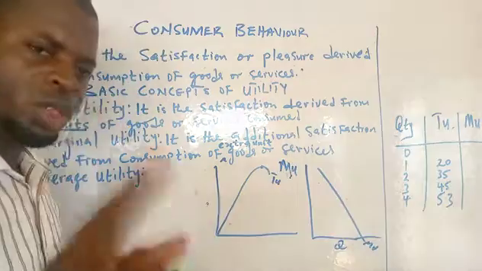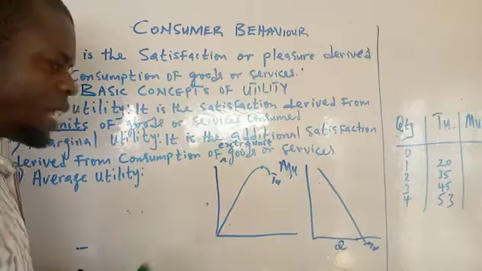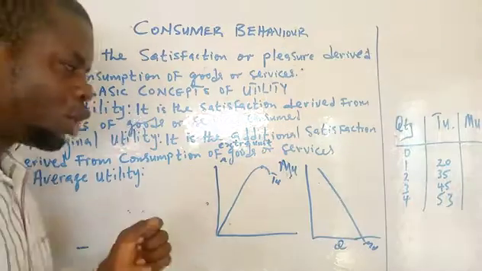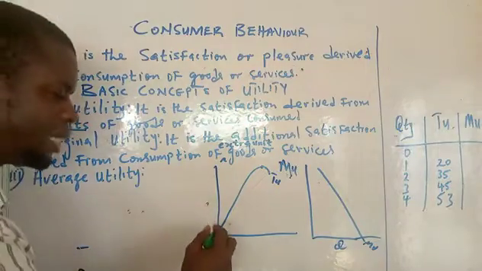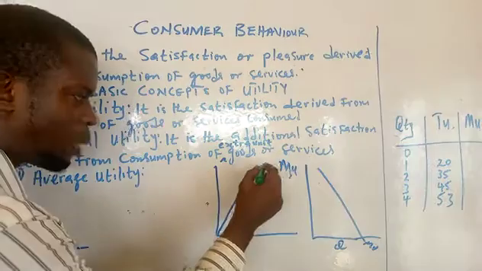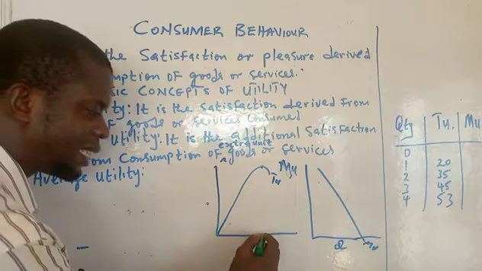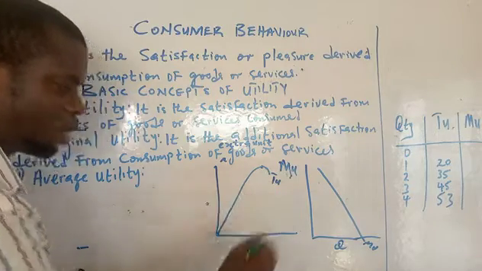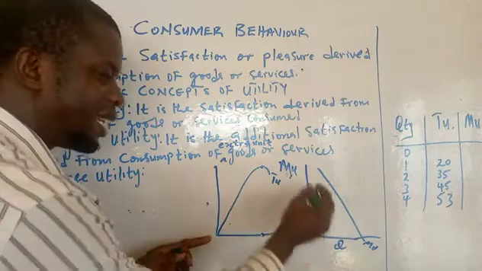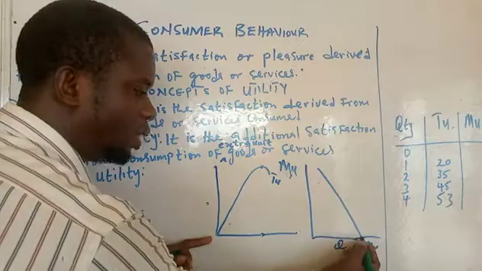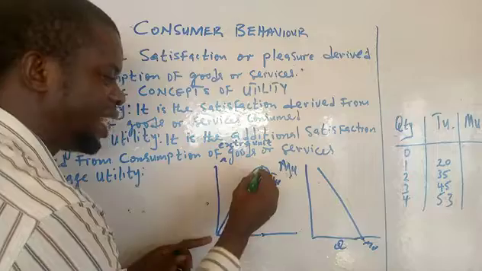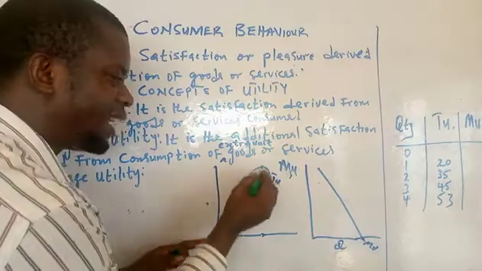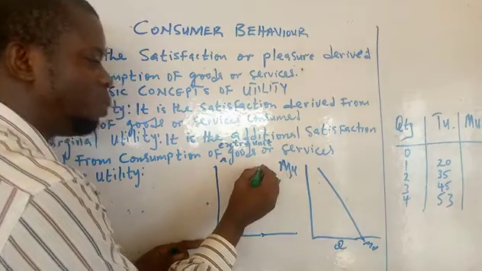Now, one thing you also need to understand is the relationship between total utility and marginal utility. When marginal utility gets to this point, coming from the highest, it gets to 0. When marginal utility equals 0, then total utility is at the peak.